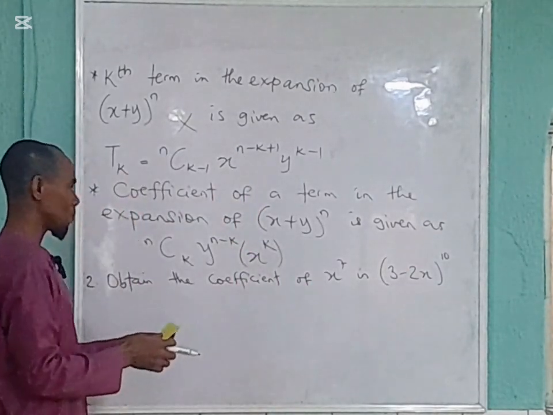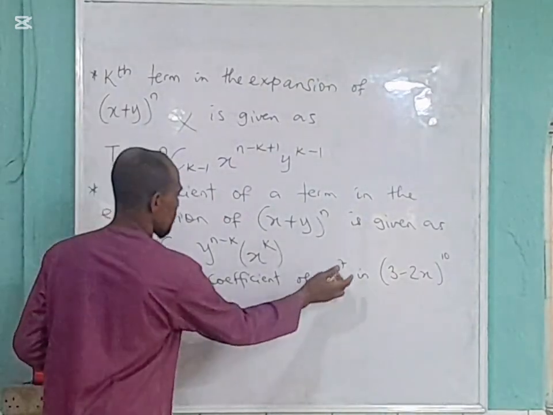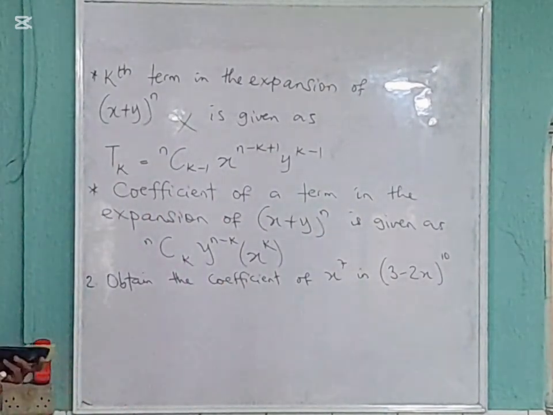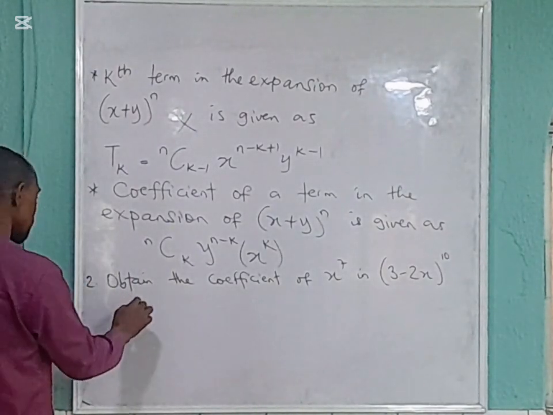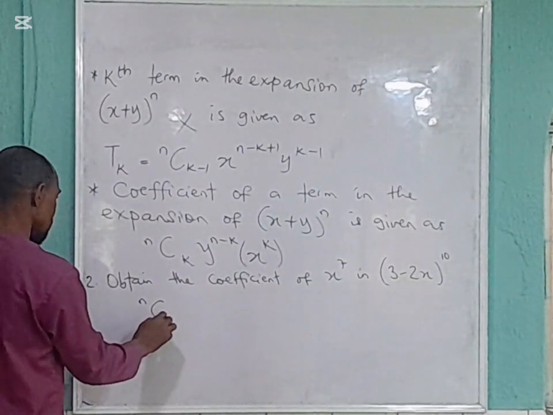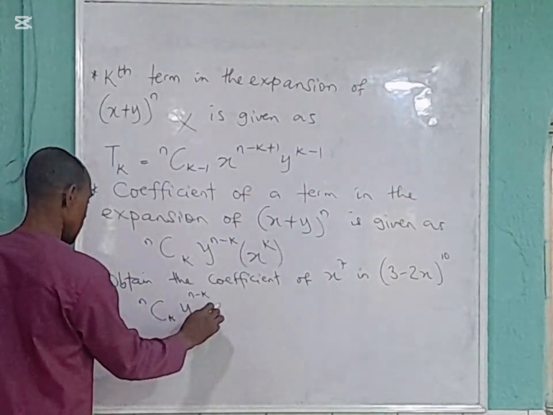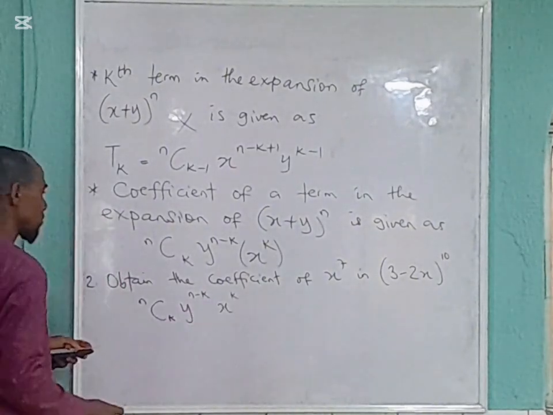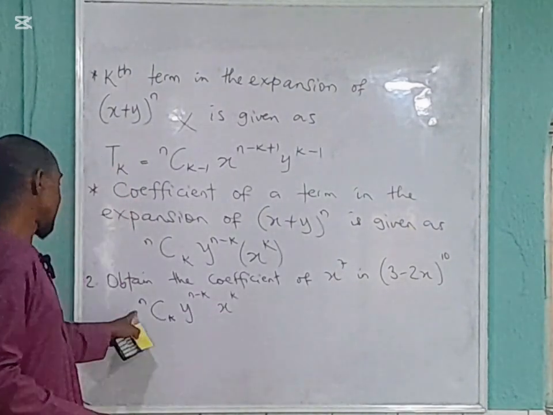Again, you don't have to do the full expansion to get the coefficient of just this x power 7. Rather, let's apply this formula again. So here in this case, using n combination k, y power n minus k, then we have x power k really. X power 7 is required. That means 7 is k and n is 10.